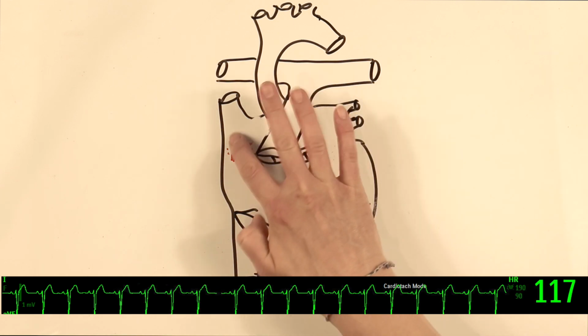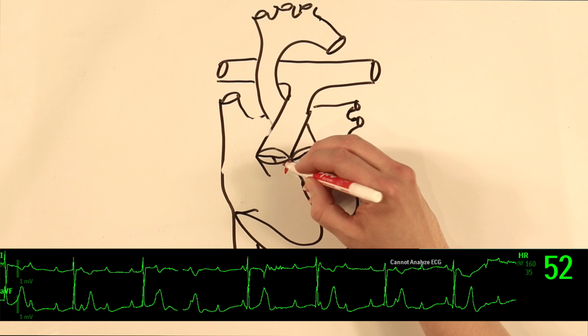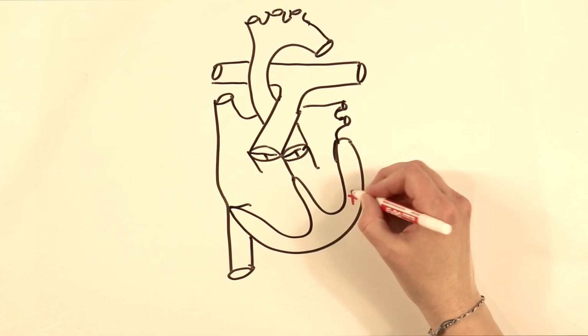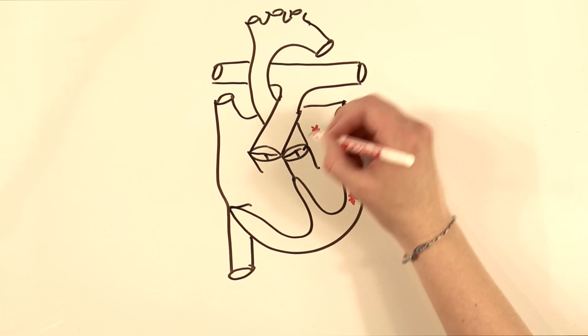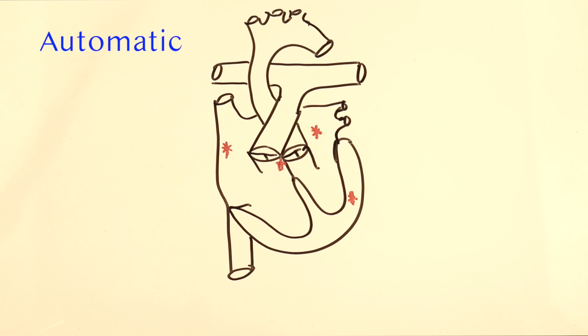If the SA node suddenly stops working, or there's heart block, another part of the heart will take over, just at a slower rate. Other areas in the heart can also speed up, overtaking the SA node and causing the heart to beat faster. This is an automatic tachycardia, one place in the heart that is beating quicker than the normal heart pacemaker would. This signal can come from the atrium, AV node, or even the ventricle.